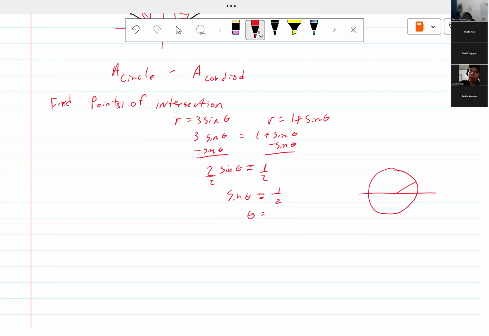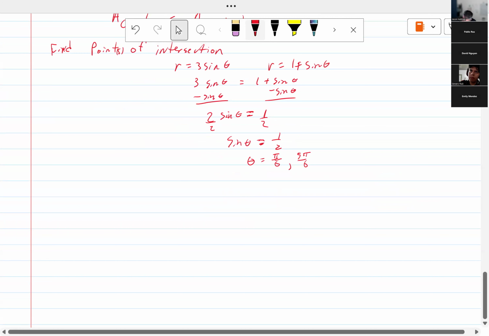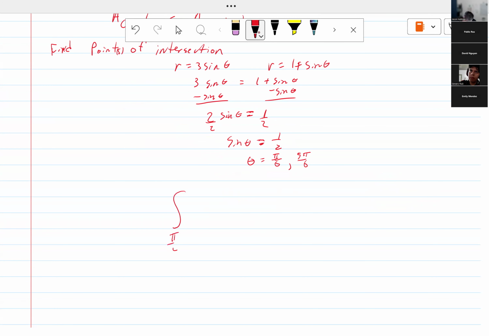Well, it's at pi over 6, but it's also equal to 1/2 over here at 5 pi over 6. So that actually gives me my limits of integration. From pi over 6 to 5 pi over 6, I'm going to integrate.